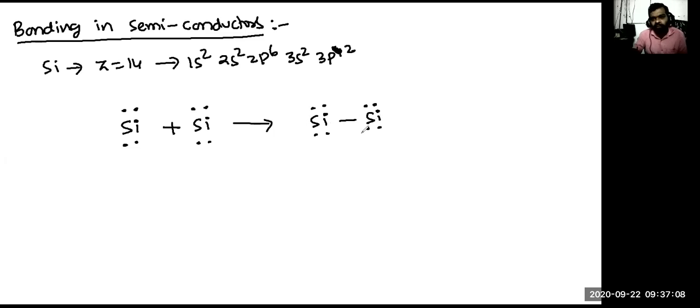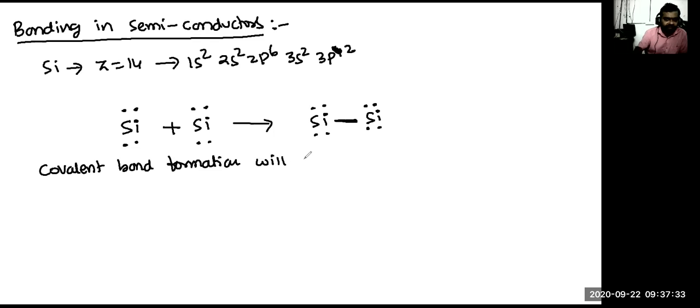Due to the sharing of electrons, a covalent bond will be formed between the silicon atoms. So we can say that covalent bond formation will exist in semiconductors.